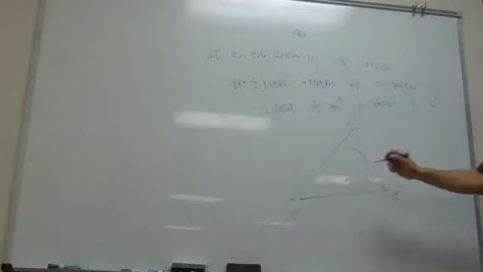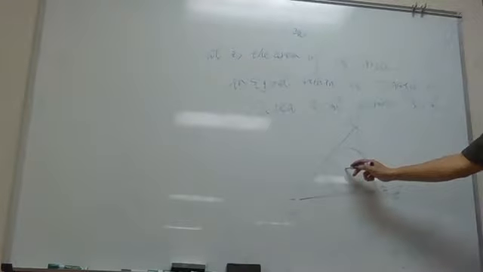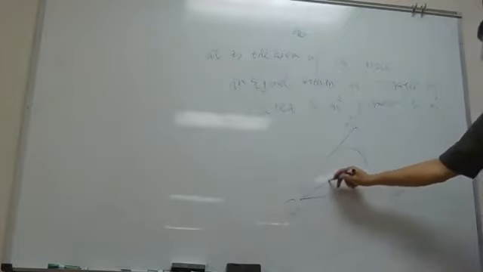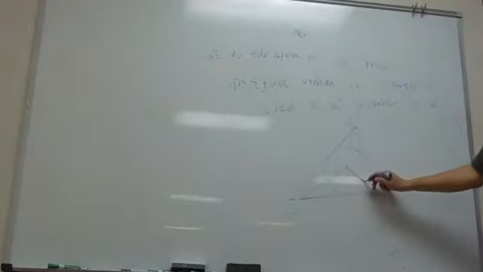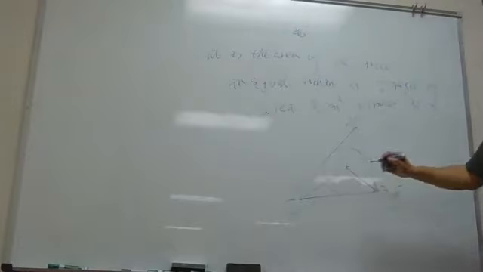Okay, the way is to break this up. If you have the center of this circle, let's call it O, connect OA, OB, and OC. What can you say about these three triangles: ACO, ABO, and BCO?